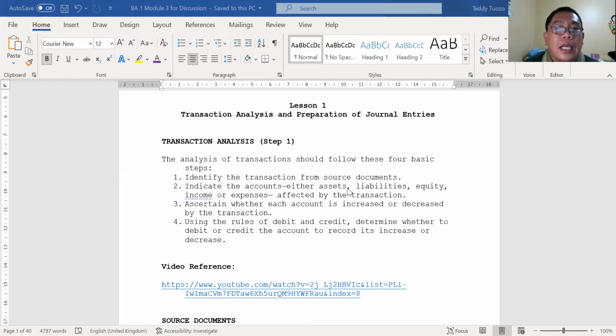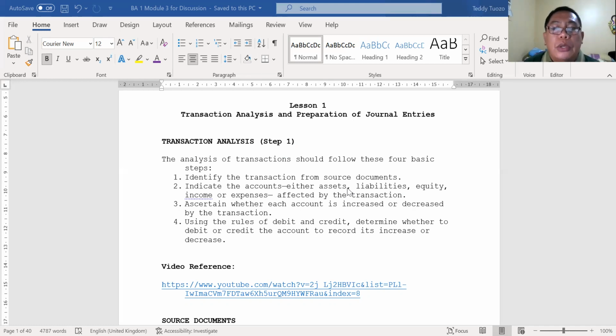Next, ascertain whether each account is increased or decreased by the transaction, because it will help you identify which one is to be debited and which one is to be credited. Take note, class, for every set of transaction or journal entries, there will always be minimum 2 accounts affected. One is the debit and one is a credit.